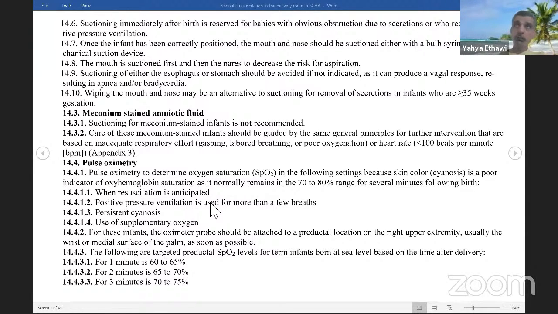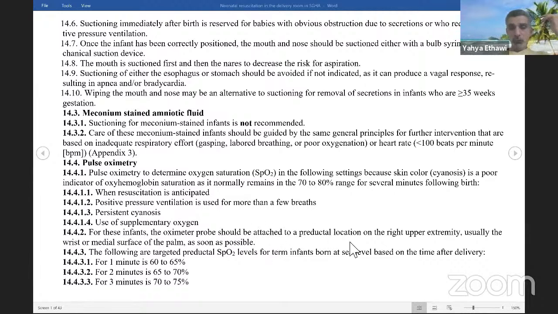If you need to use PPV for a few breaths, then pulse oximetry is needed. If you have cyanosis, then pulse oximetry is needed. If you give oxygen, no oxygen without pulse oximetry. So remember, these are the indications for pulse oximetry.